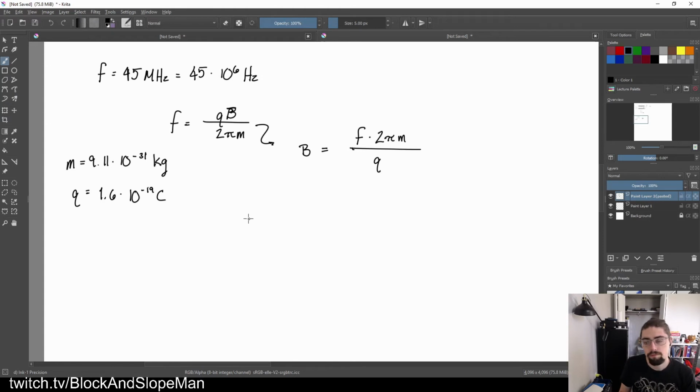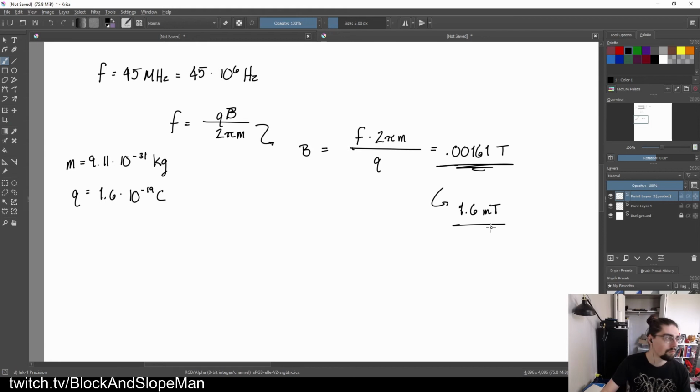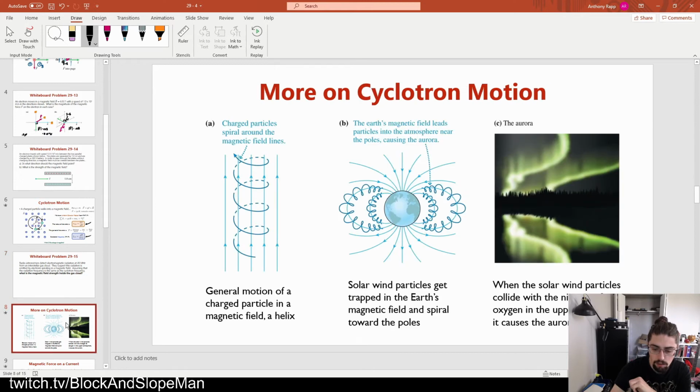Divided by Q. Plug in all of our numbers here, and what we should find at the end of the day is 0.00161 Tesla, or 1.6 millitesla. And that's what we've got. Let's keep moving right along.